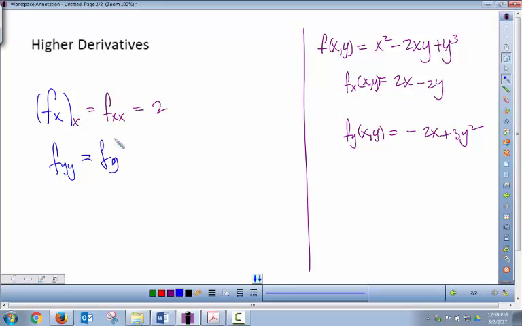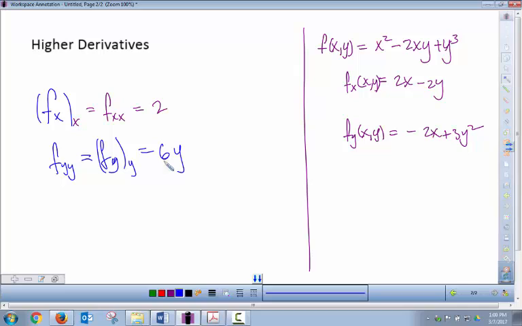First, we need to take the derivative of f with respect to y, and then take the derivative with respect to y again. And so we're going to get 6y, positive 6y. Right?